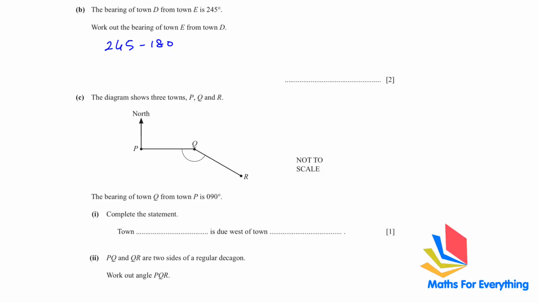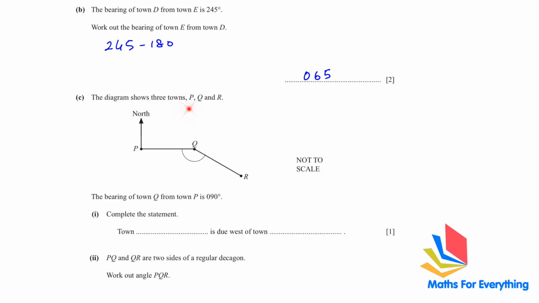So 245 minus 180 will give us 65. And remember also that bearing is written in 3 digits, so it's 065. If you had an obtuse angle or an acute angle, anything less than 180, and you wanted to find the other bearing, you will just add 180 to it.